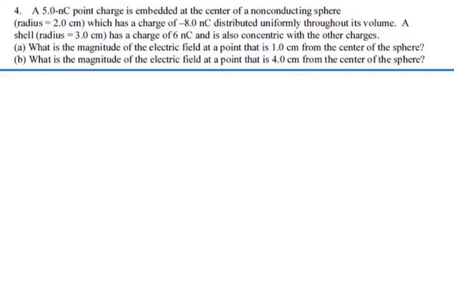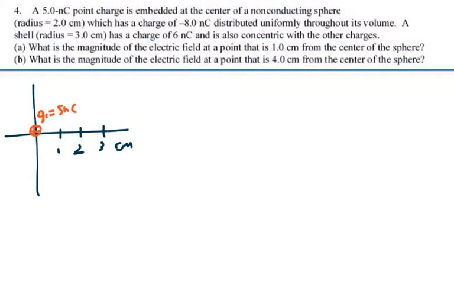Let's imagine what we have going on here. If we look at a coordinate system here with 1, 2, and 3 centimeters away, we start with a charge at the origin, Q1, equal to 5 nanocoulombs.